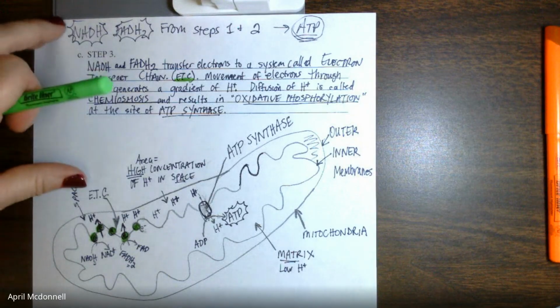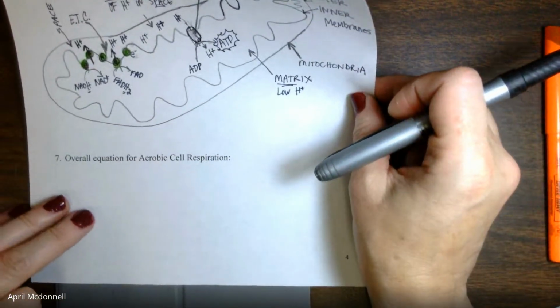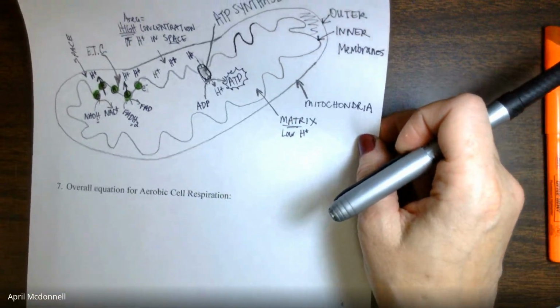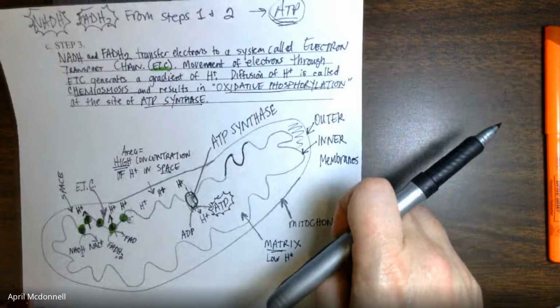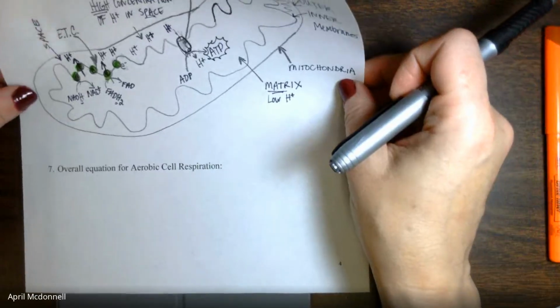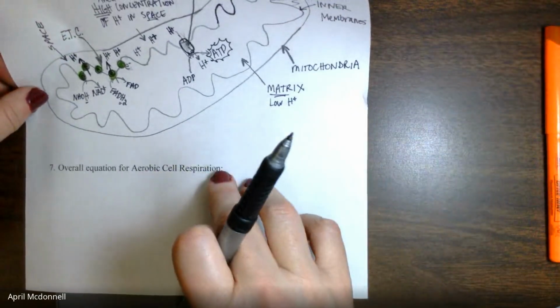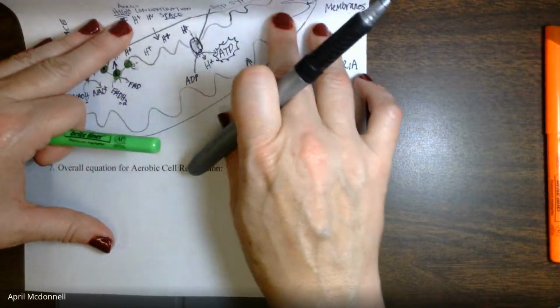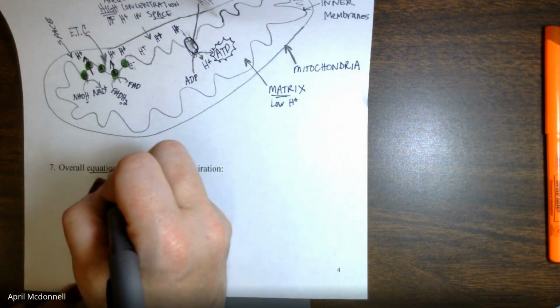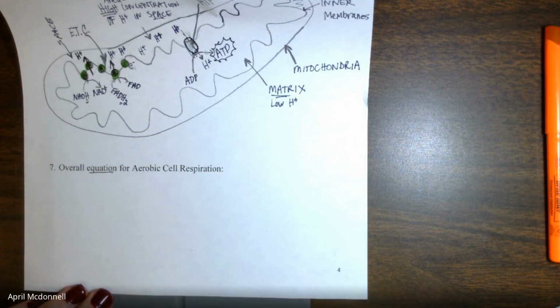Okay, let's continue on and now talk about the overall equation for aerobic cell respiration. Okay, so this is something that you'll want to make sure you understand, and I also gave this to you in a handout.